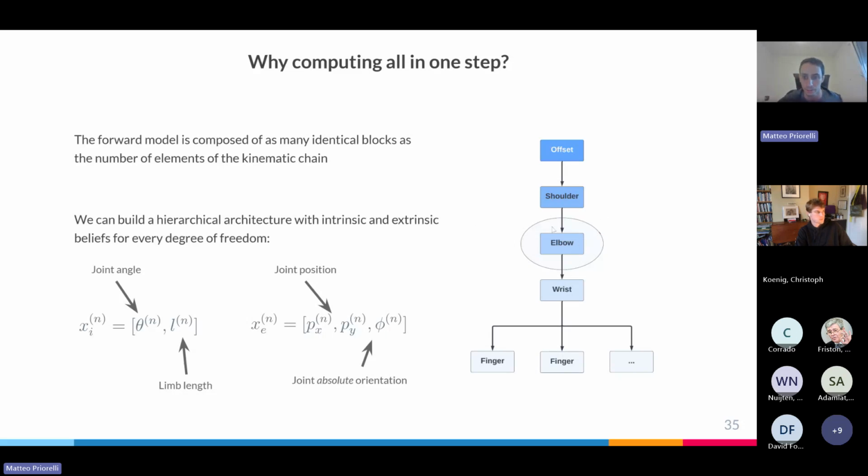For example, we would have a level here representing the elbow, in which the intrinsic states encode the joint angle and the limb length of that level only, while the extrinsic states encode the joint position and the joint absolute orientation.